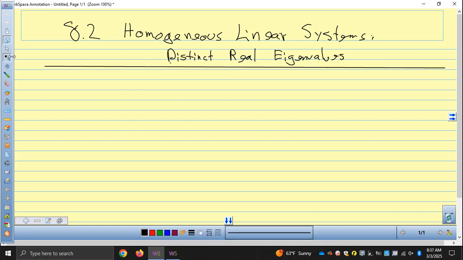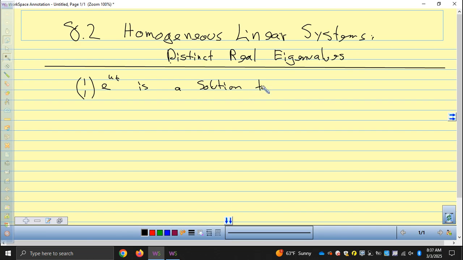So last time in section 8.1, we verified that e to the 4t is a solution to x prime equals the matrix 2, 2, 1, 3 times x. So we verified that that was a solution.